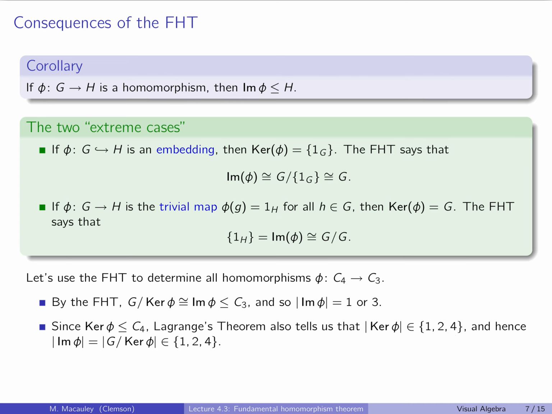Therefore, the size of the image, which we know is 1 or 3, must be the size of G mod the kernel, which has to be a divisor of 4, so 1, 2, or 4. And there's only one possibility. It has to be 1. Since the image has order 1, the only homomorphism is the trivial one.